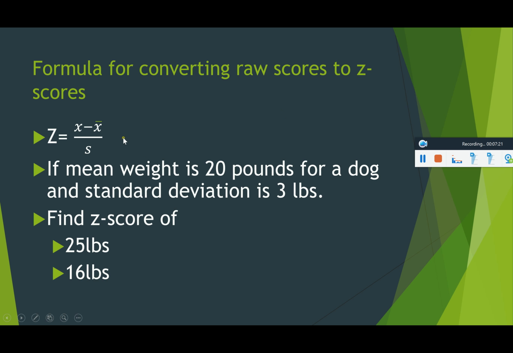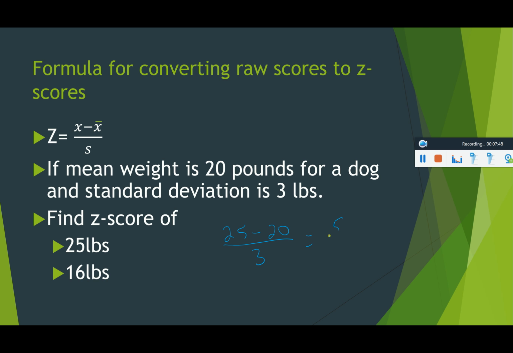All right, so then you also have raw z-scores, and to determine what that is, like if they give you actual numbers, okay, the weight is 20, standard deviation is 3, find the z-score of 25 pounds and 16 pounds, you would use this formula, x minus the mean, all divided by your standard deviation. So on this one, you would do 25 minus 20, which is your mean, all divided by 3.